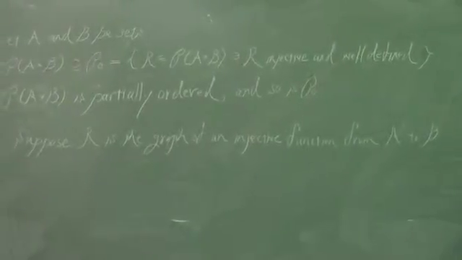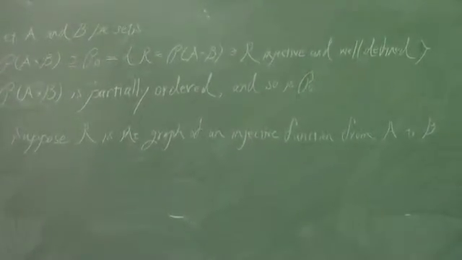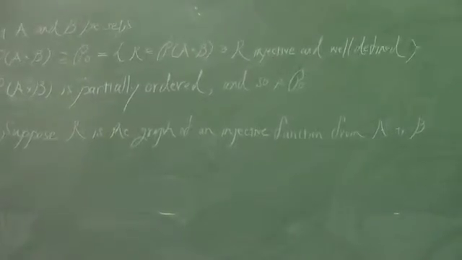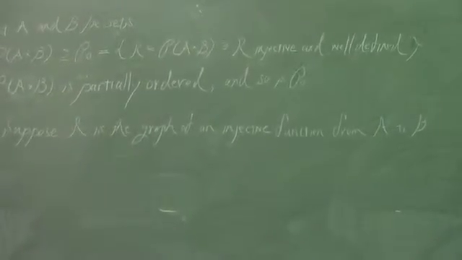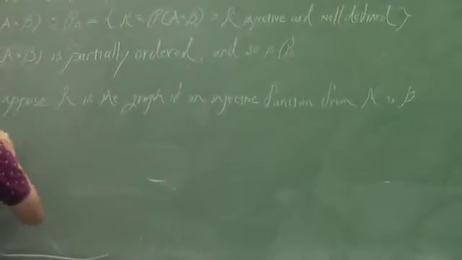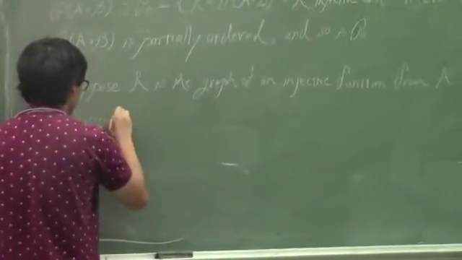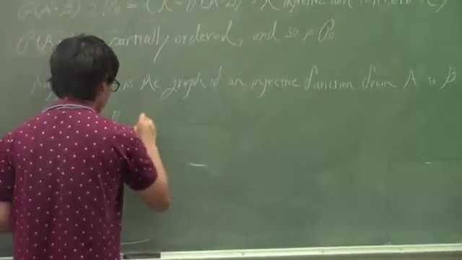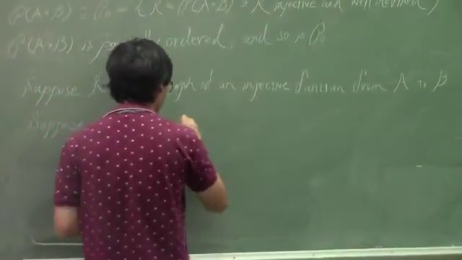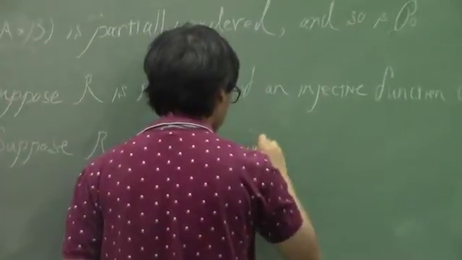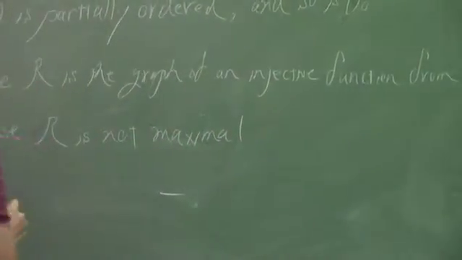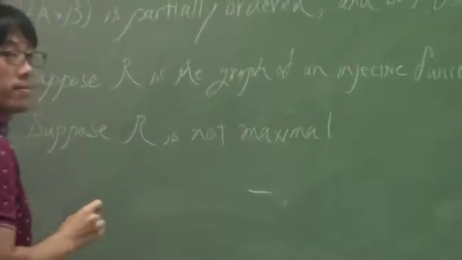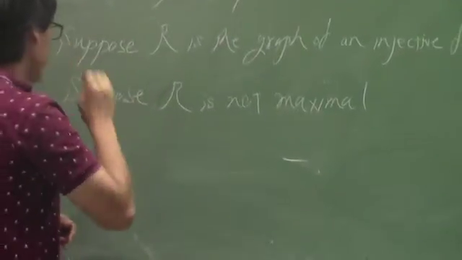Well, yeah, so suppose R is the graph of a function, and suppose R is not maximal. We'll do proof by contradiction, okay? R is not maximal, so say R tilde is bigger.